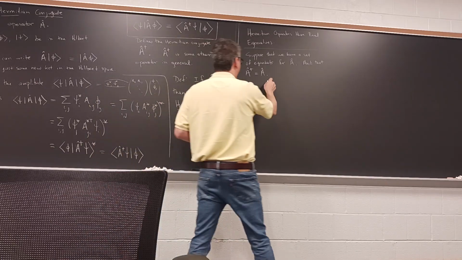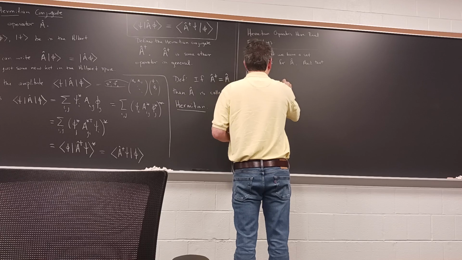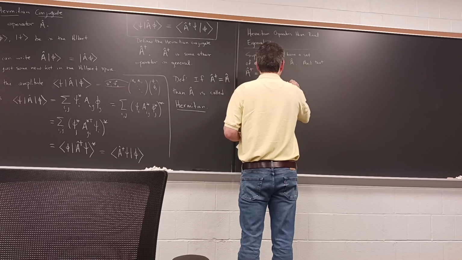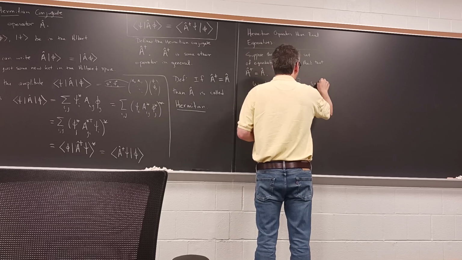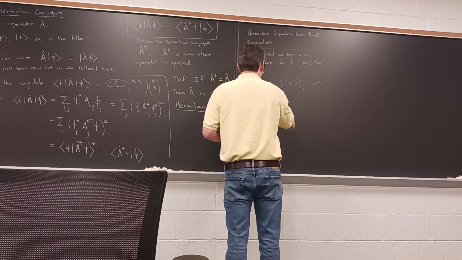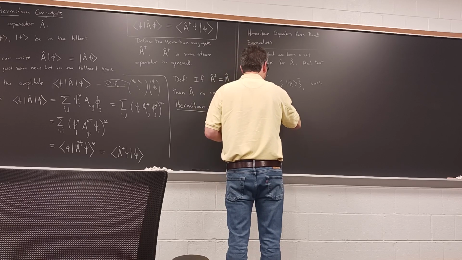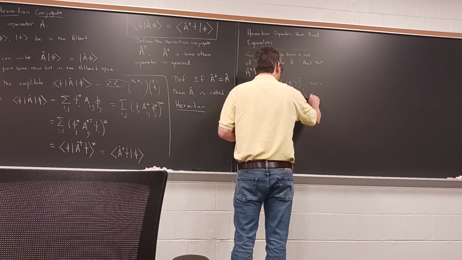Okay, so we have a set, say phi i, such that A hat on phi i is equal to lambda i phi i.